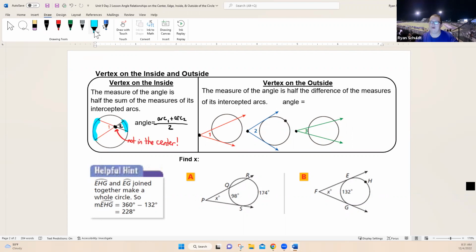Now, if we are totally outside the circle, like on these next ones, then we have to subtract the arcs.